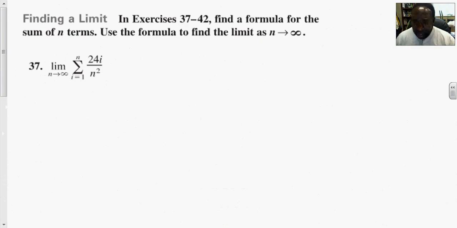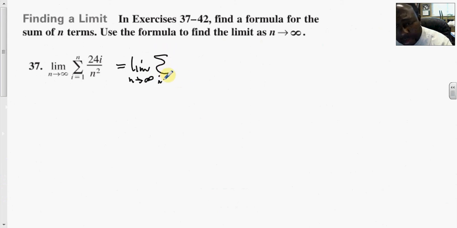Let's see. So here they want us to simplify this just using the formulas. So this is the limit as n goes to infinity of the summation as i goes from 1 to n of 24 over n squared times i, if you will.